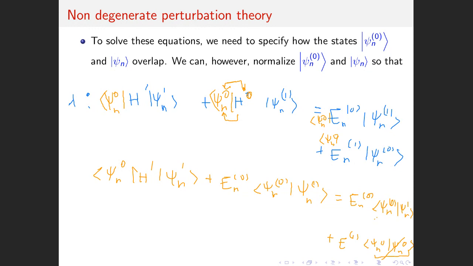These are orthonormal, so this is 0. If you don't want to use that argument, then they are orthogonal, but this term will cancel with this term.